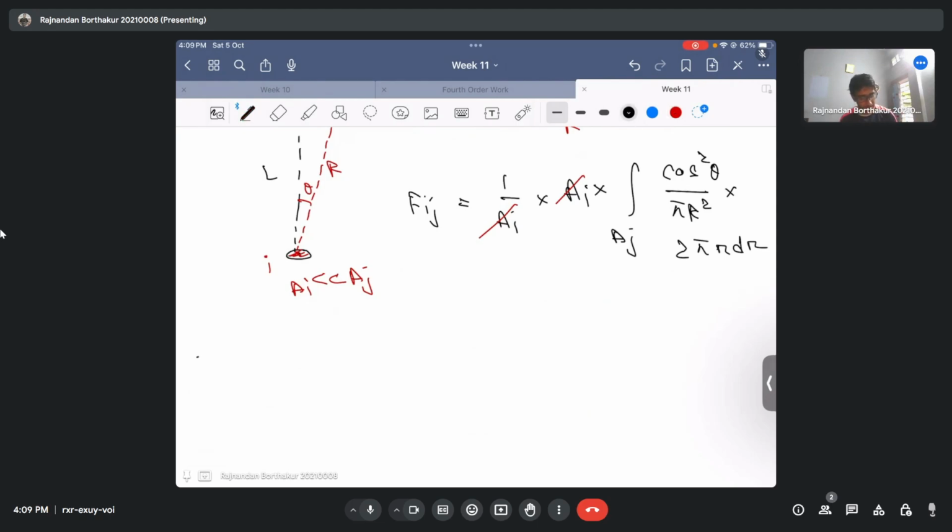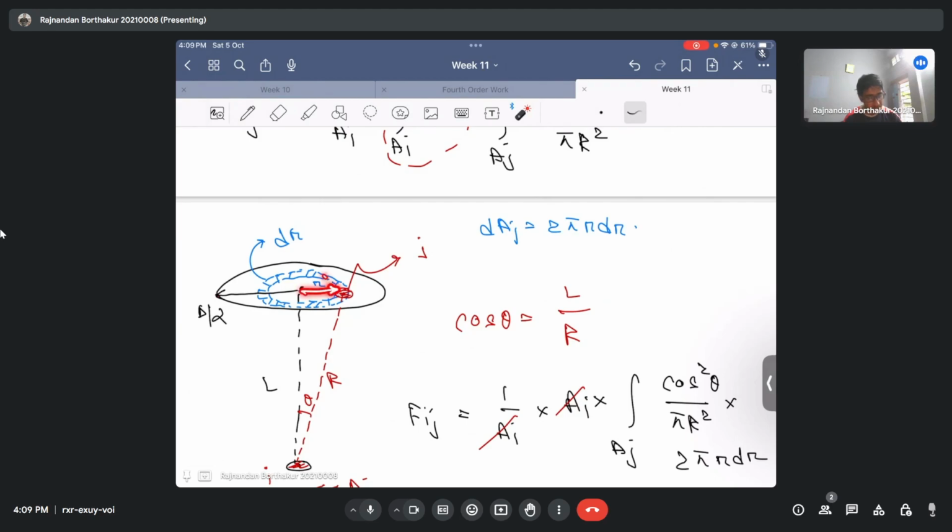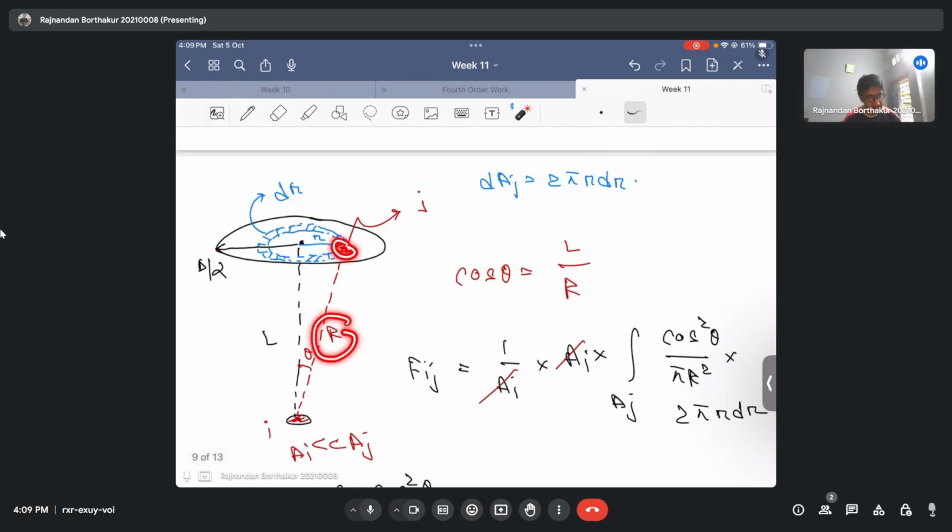If I simplify and write it one more time, it just becomes Fij as integral of cos square theta by pi R square times 2 pi r dr. Okay, please don't confuse this small r and capital R. Always remember, this small r is a generic radius of the strip that I have made, having an area 2 pi r dr, and this capital R is the center to center distance of this differential shaded area to the center of the differential area Ai.